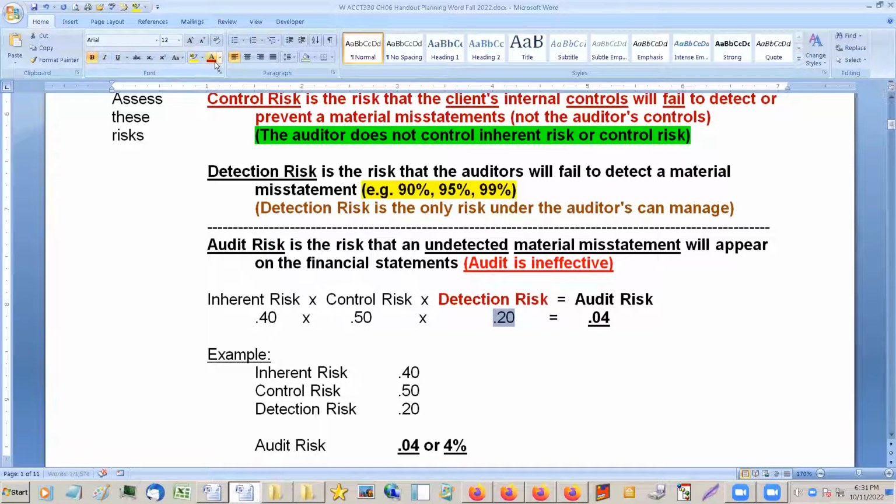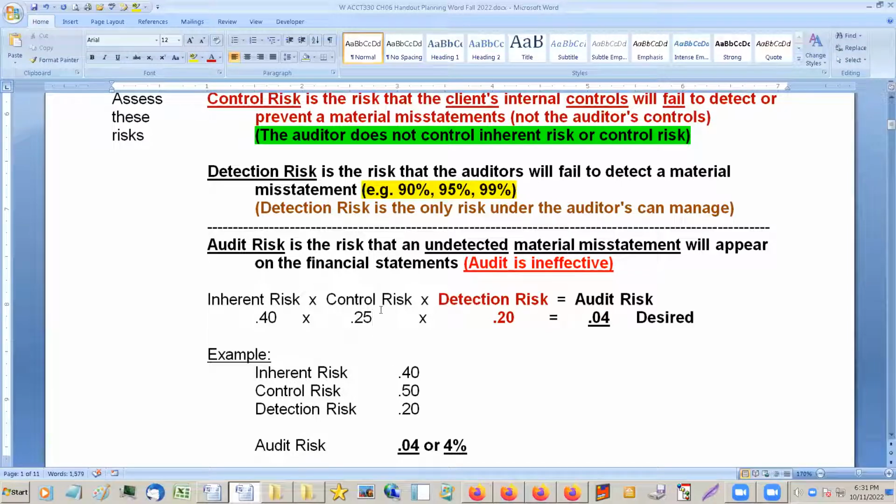So let's say you said, okay, this is what we want, the desired risk. This is our goal, our target, our tolerable amount, whatever you want to call it. And let's say you walk through here and you come to this control risk and you go, you know what, the control risk is actually only 25%.